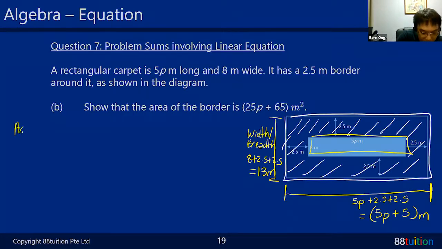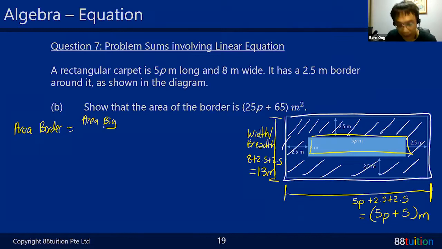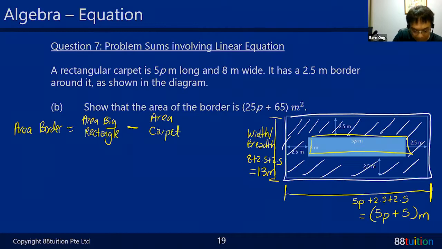The area of the border is equal to the area of the big rectangle minus the area of the carpet. Area of the big rectangle is length times breadth. The length is 5p plus 5 and the breadth is 13.